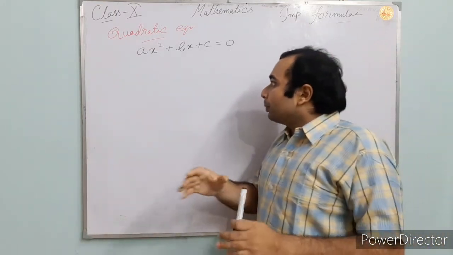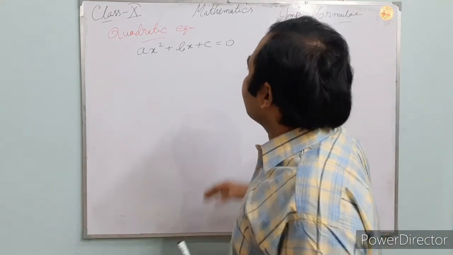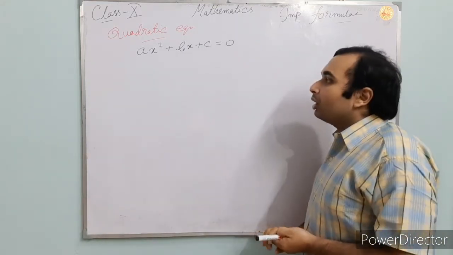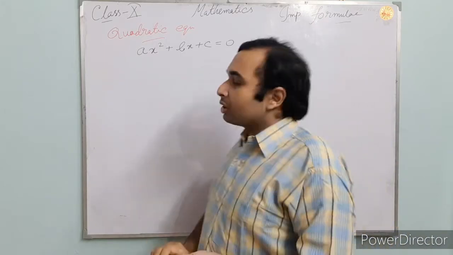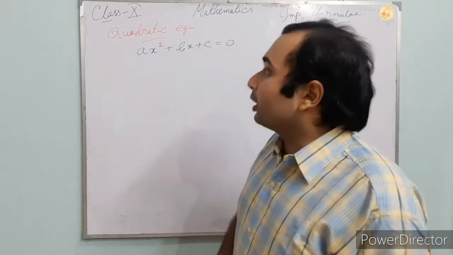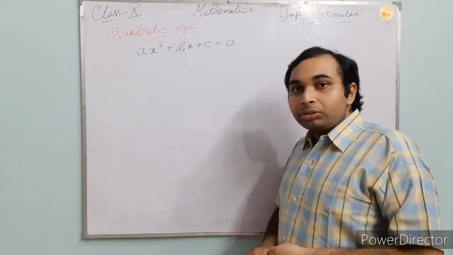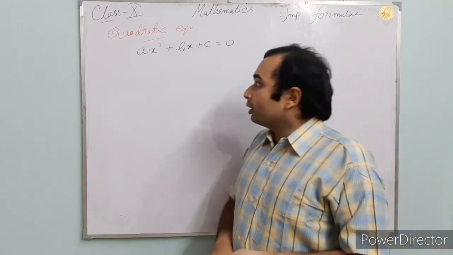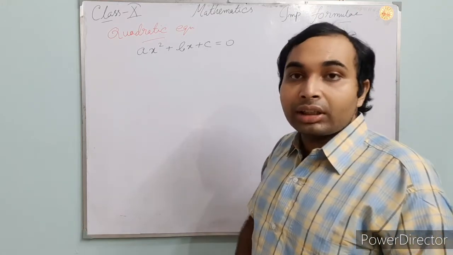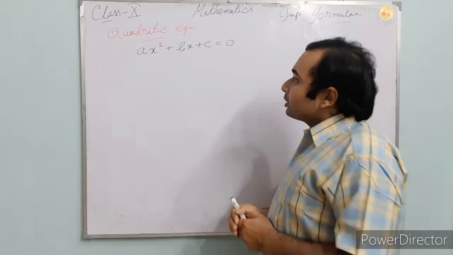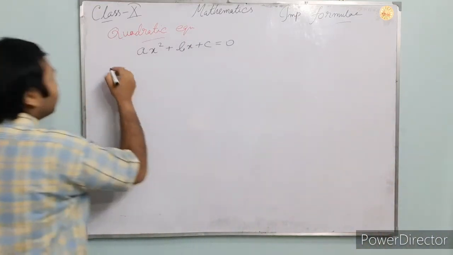Now this type of factorization, the middle term factorization, you have done in class 9. But that time also I told you, whenever you can't do the factorization with the middle term, then you have to use the great formula, the Sridhar-Acharya formula. What is the Sridhar-Acharya formula?